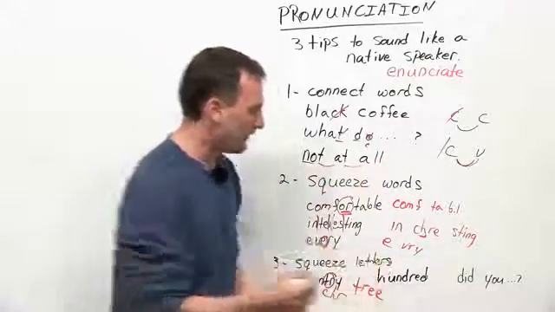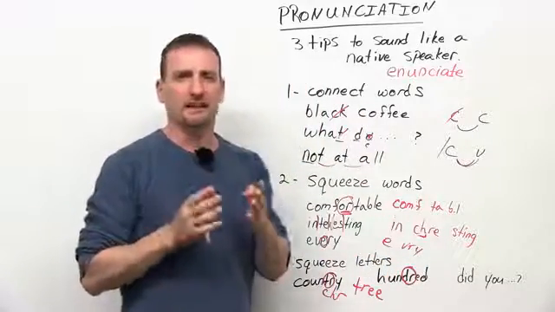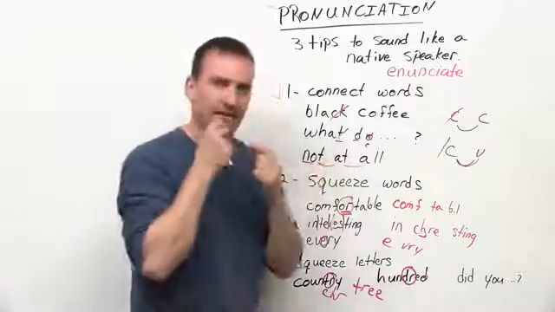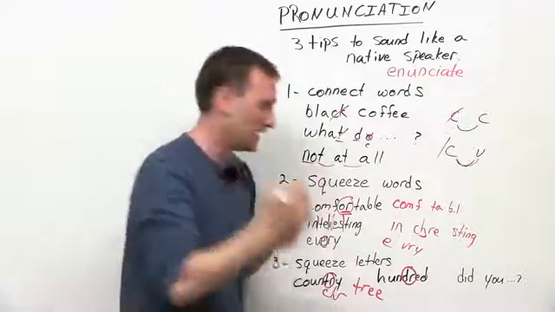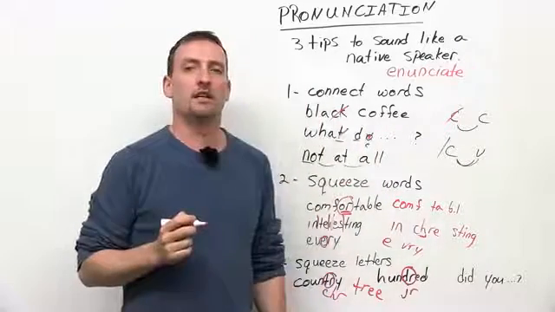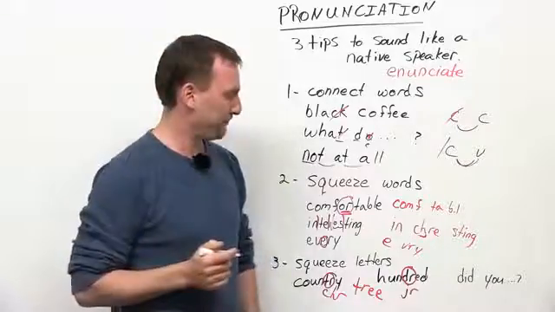Okay? Another one is DR. DR also doesn't really sound like DR. We don't say hundred. Okay? It's too difficult for the tongue to make the quick switch. So this sounds like JR. Hundred.